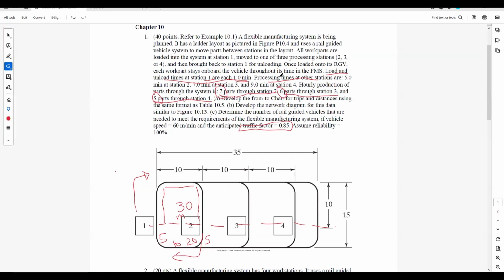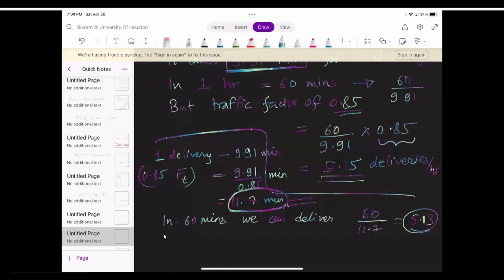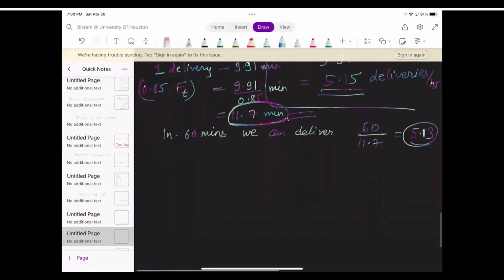So one vehicle can do 5.15 deliveries per hour. The total parts are 18. Let me go back. To deliver all the parts, here we don't have a specific demand. We just have to deliver all the 18 parts that are distributed to 2, 3, and 4.